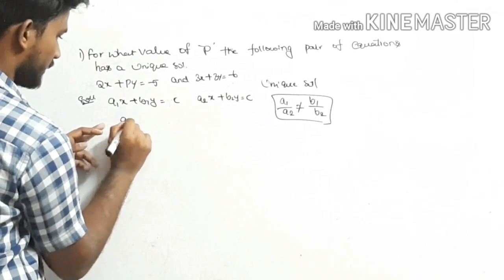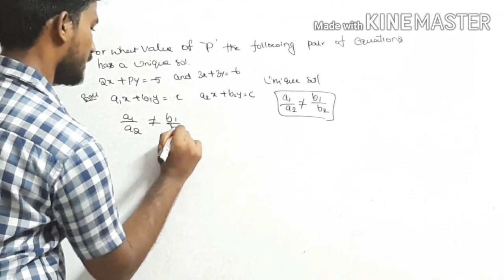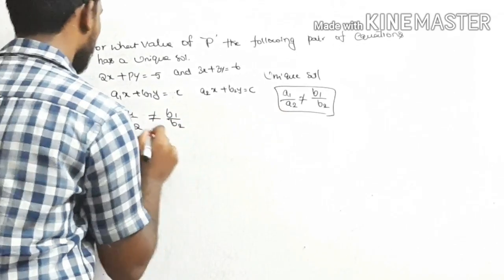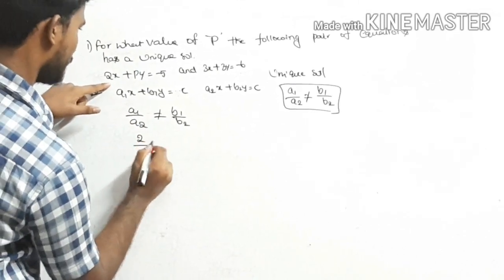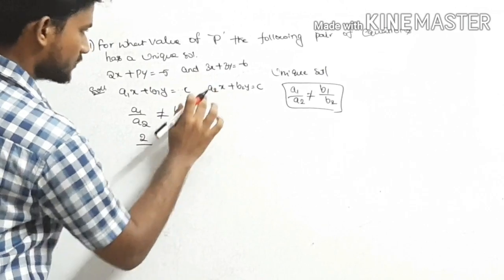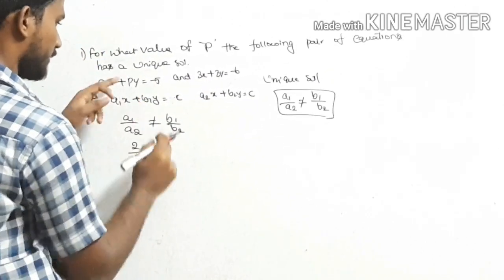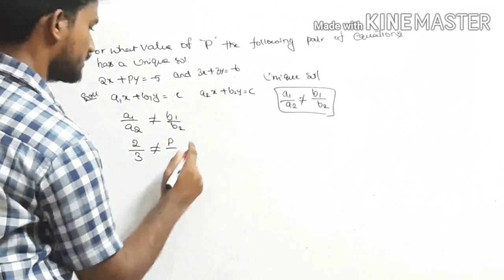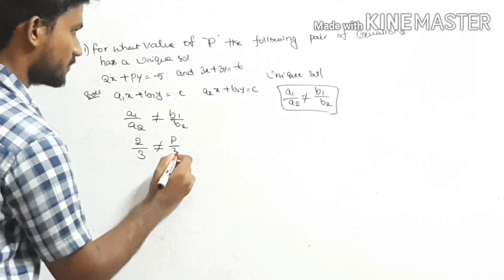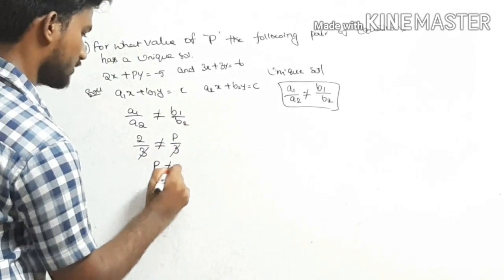Then a1 by a2 is not equal to b1 by b2 by this formula. Here a1 is 2, a2 is 3, not equal to b1 which is p, by b2 which is 3. On this, 3 cancels, p is not equal to 2.